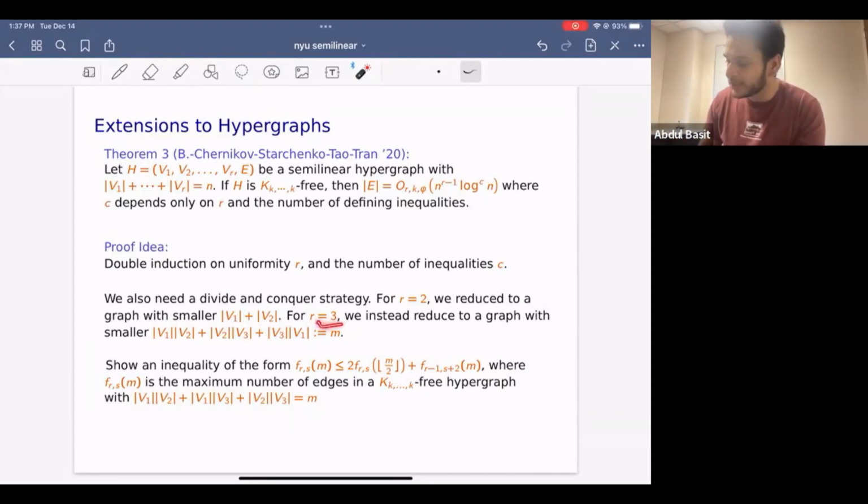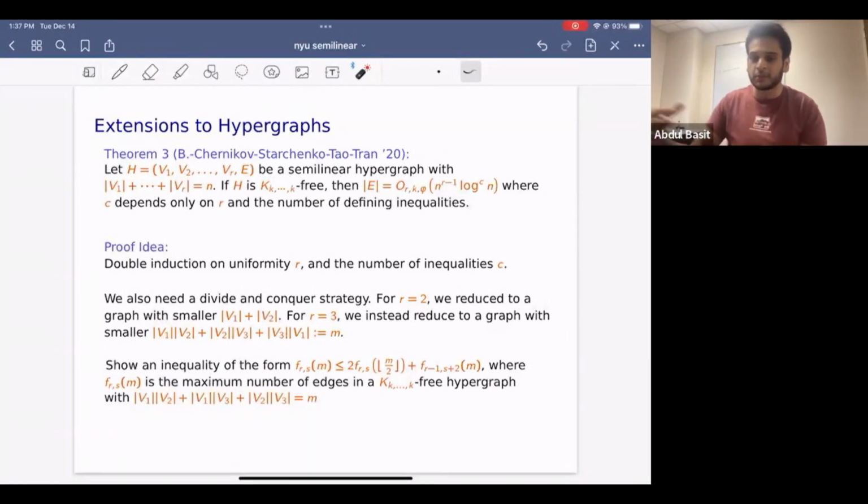For r equals 3, again, we need to do some sort of reduction. What we end up doing is we try to reduce to a graph that has a smaller quantity that looks like this: v1 times v2 plus v2 times v3 plus v3 times v1.